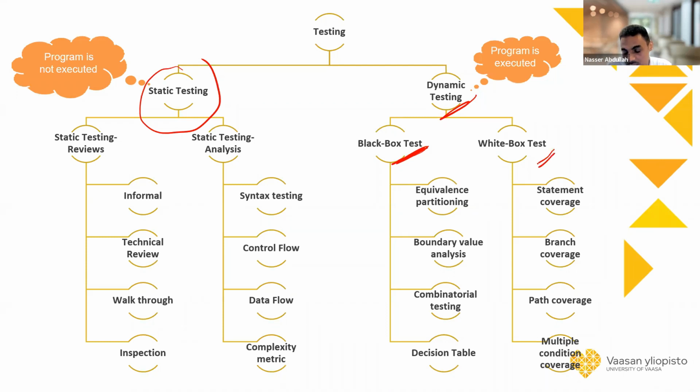There is also gray box, but it's okay, no need to talk about it. In black box testing, today we will talk about equivalence partitions, boundary value analysis, combinatorial testing, and decision table. And next lecture, we'll talk about other topics.